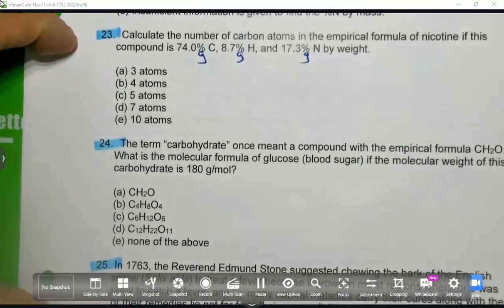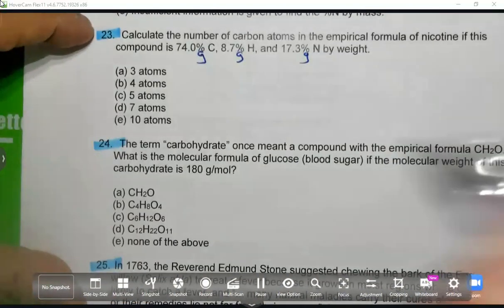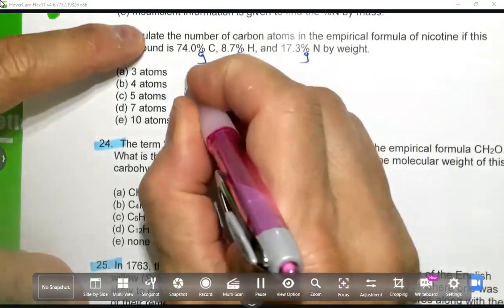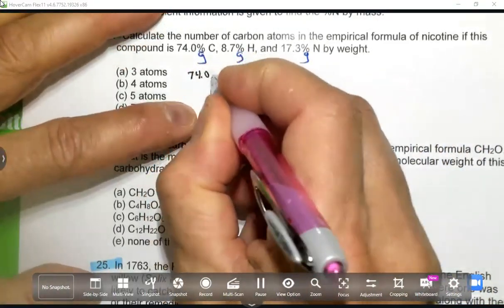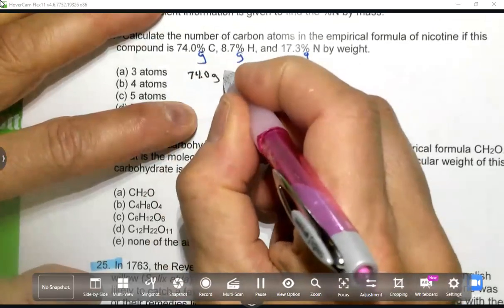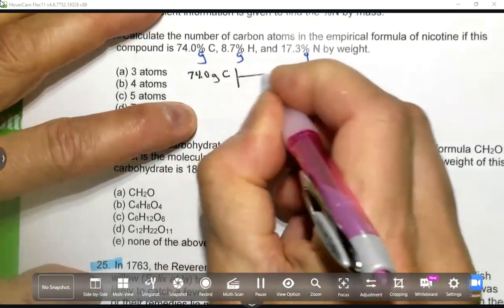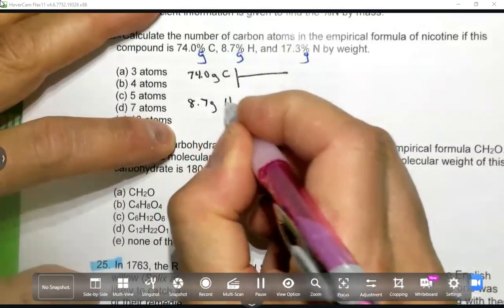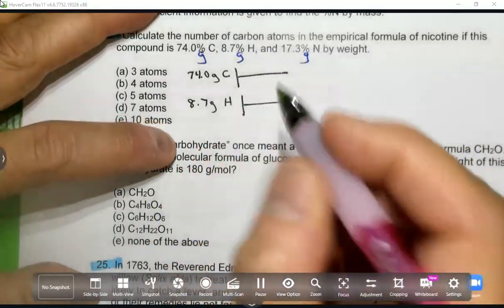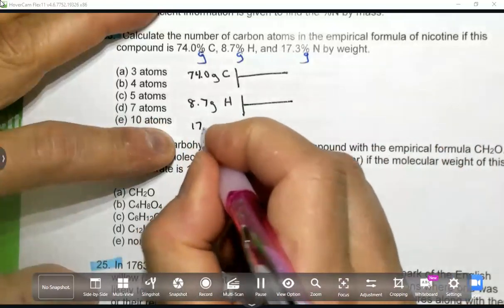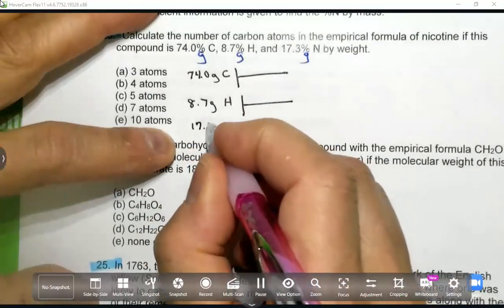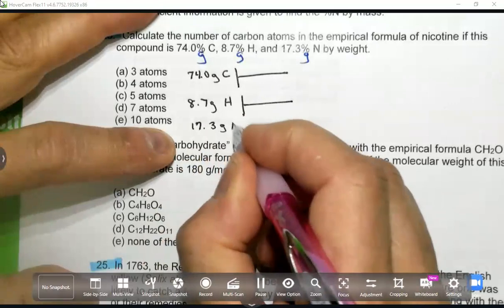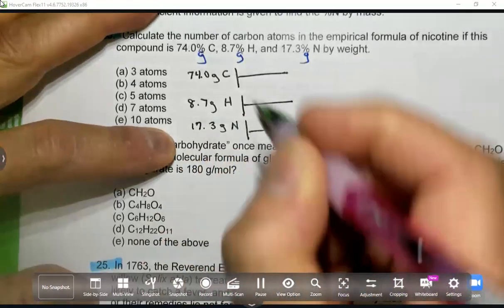Step 1, get grams. We've got grams. Step 2, convert all the grams to moles. So we're going to have 74.0 grams of carbon. I'm going to line these all up. 8.7 grams of hydrogen and 17.3 grams of nitrogen.